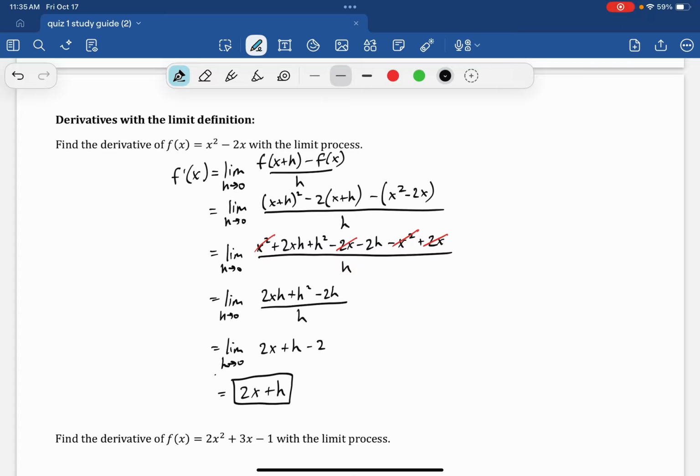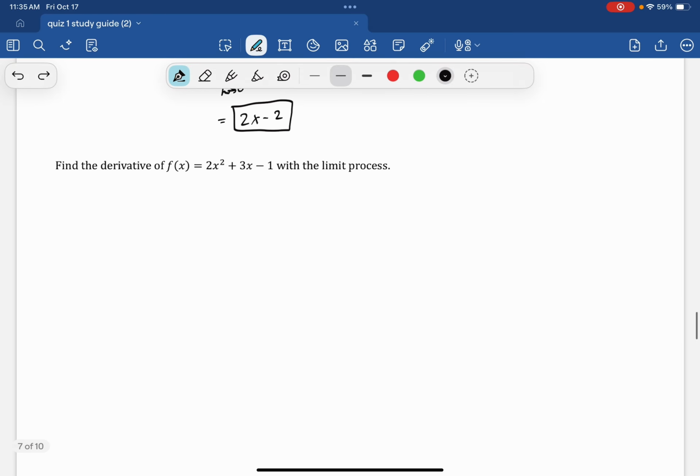But otherwise, the limit symbol needs to stay in the expression. Oh, sorry, there's a typo. 2x minus 2, isn't it? And you can check just by using the power rule. It's 2x minus 2. Let's do another one. It's helpful to have the definition written out before you do anything.